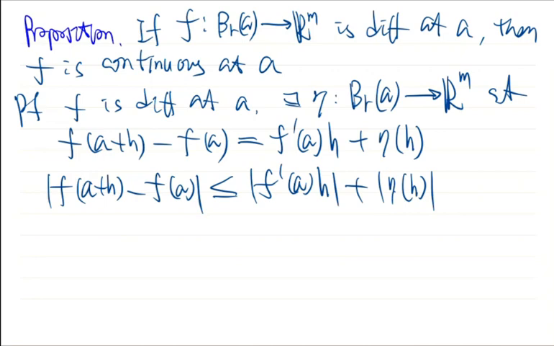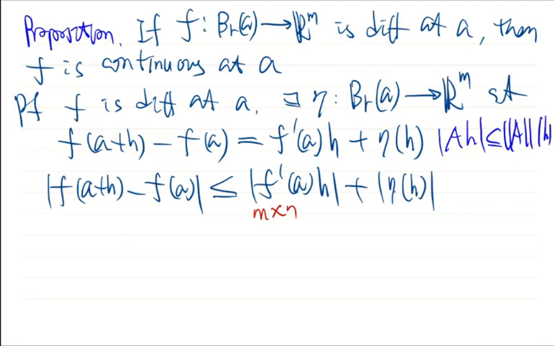But f prime(a) is an m by n matrix, so the term in the first pair of bars on the right hand side is a matrix multiplied by a column vector h. By the property of the matrix norm, the norm of f prime(a) h is less than or equal to the matrix norm times the norm of h.